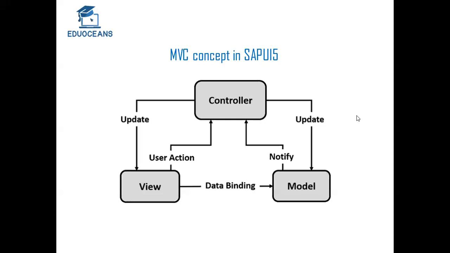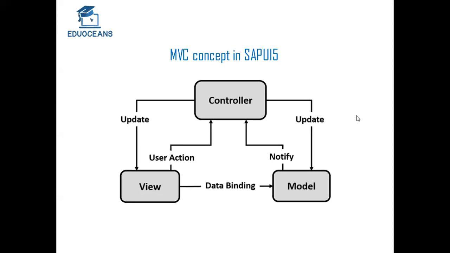Is the model used to manipulate the data in the backend? We have some different models, just like the OData model. Using the OData model, we can read, delete, or create data in a backend.